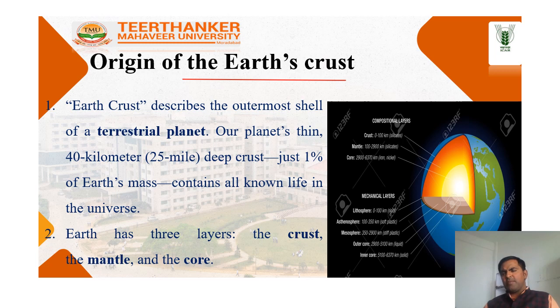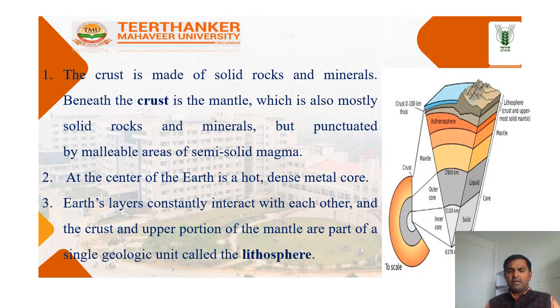I think you have heard of the different layers of the earth, like the lithosphere and atmosphere. The lithosphere is a part of the earth. In the second slide you can see the lithosphere, the upper portion of the earth crust.